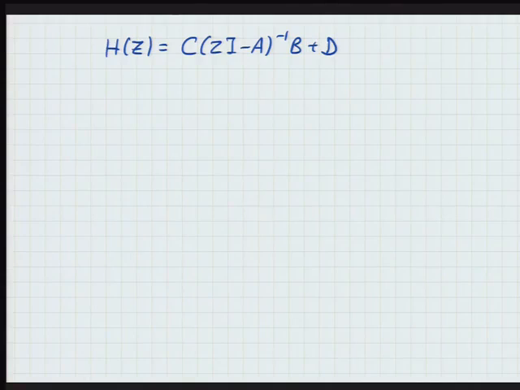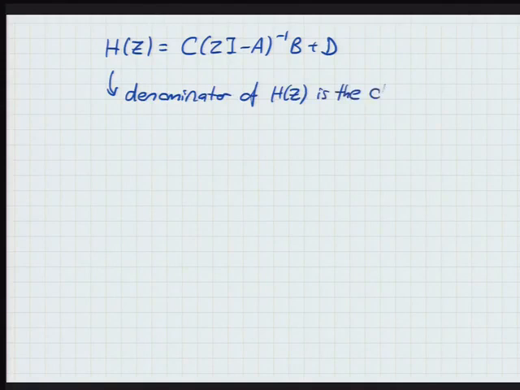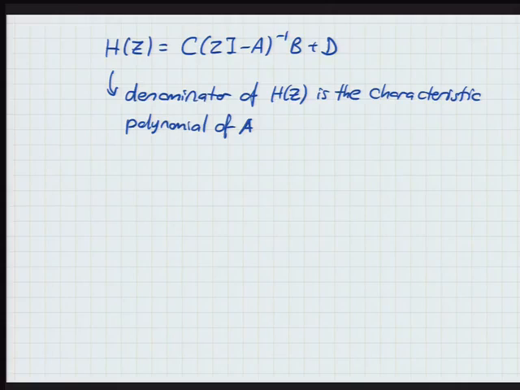So that means the denominator of H of z is the characteristic polynomial of A. When does the characteristic polynomial vanish?